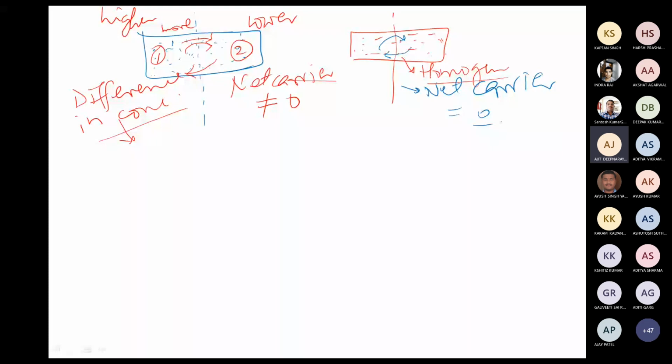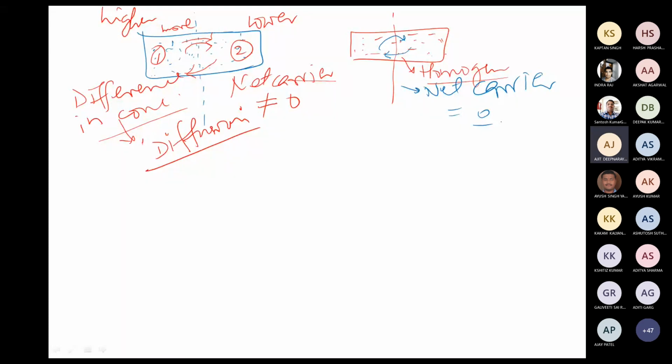So a difference in concentration forces a kind of flow which is called diffusion. This process is widely known as the diffusion process. A similar kind of thing happens here also. If more concentration of carriers is present on one side as compared to the other side, then a phenomenon called diffusion is going to prevail here, and the carriers are flowing.